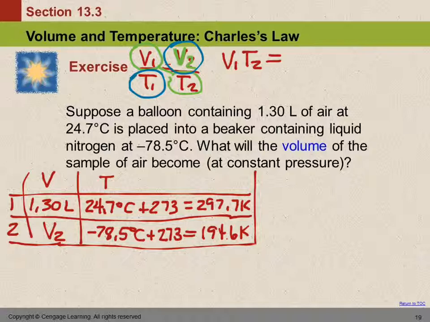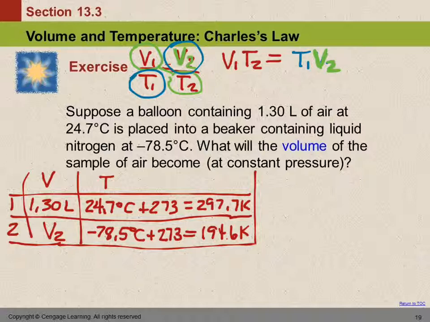It's cross-multiplying. So T1 and V2. And we have made the nasty fractions disappear. Any questions about cross-multiplying? We're going to be doing this a lot. So there's our V2 that we're still trying to find.